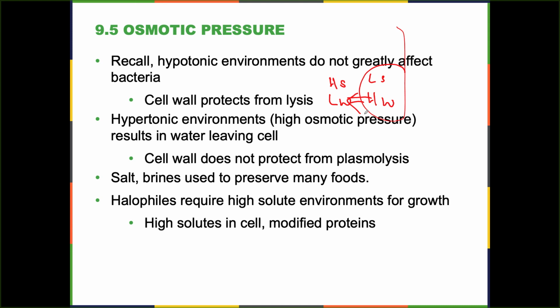So the way we preserve foods using high salts or brines, right? That helps preserve the foods because bacteria don't really have a defense against this, right? So bacteria are unable to resist this hypertonic environment, right? And thus we can preserve foods from growth.